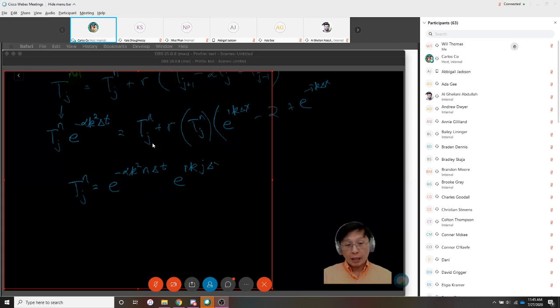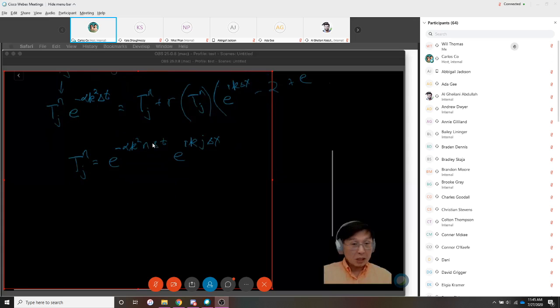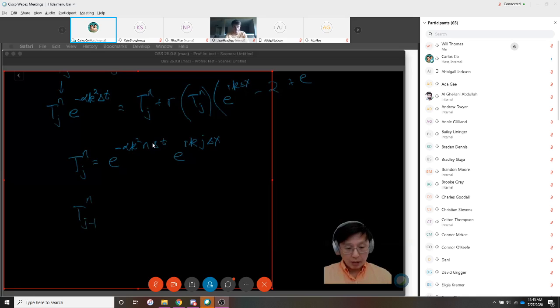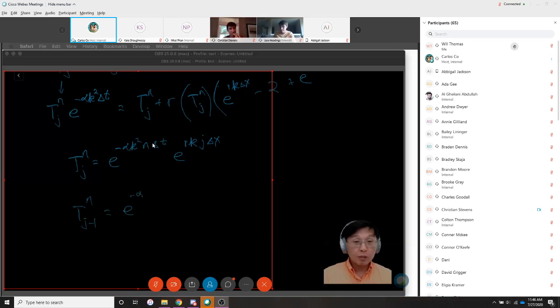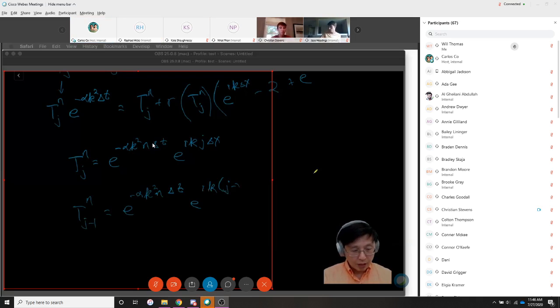So if you were to write this down again at a different position, let's say j minus 1 at n, then you would replace it as alpha k squared n delta t, exponential I k, and now instead of having a j, you're going to have a j minus 1 times delta x, right?